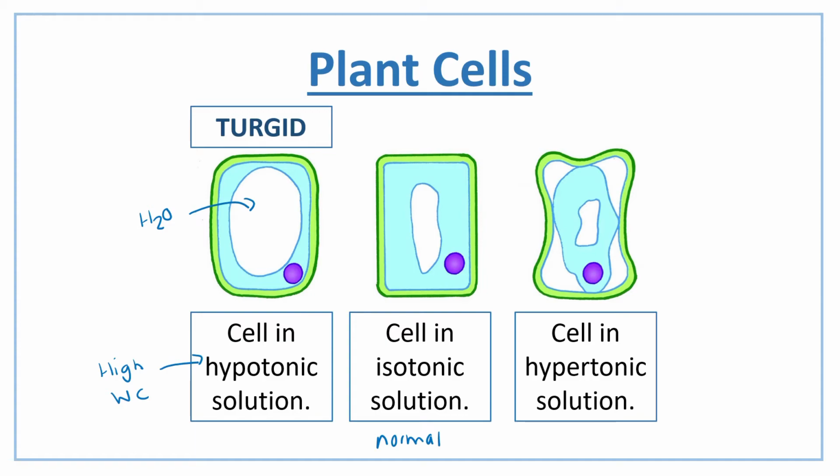It has become turgid. The cell in the isotonic solution is just a normal cell. But if we place a cell in a hypertonic solution, so say it was a concentrated salt solution, it's a solution that has got lots and lots of salt molecules inside of it. What happens then is that potato, that plant cell, actually has more water inside of it than the solution that it has been placed into.